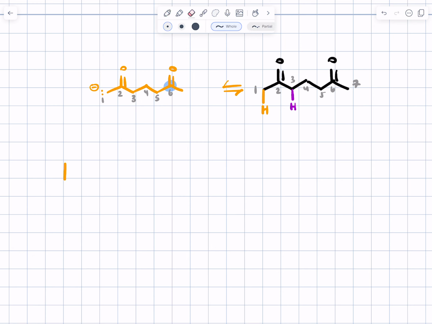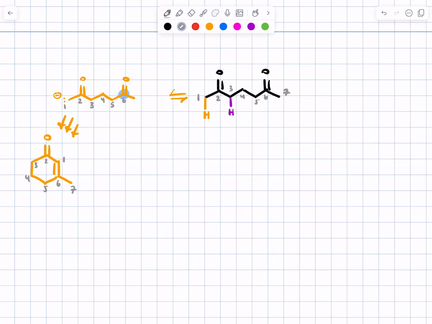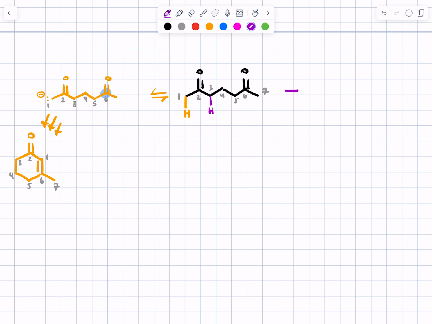And we're not going to redraw the whole mechanism because you've seen that. But that's what is going to give us this product, where this is 1, 2, 3, 4, 5, 6, and 7. Okay? But now I want you to consider what happens if I remove the purple alpha proton.